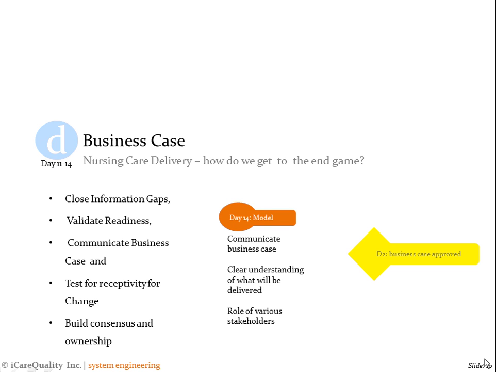As a result, we are able to communicate the business case and establish a clear understanding among all the stakeholders of the roles required from them to achieve the transition business case. The business case is formally approved at this stage, and the plan to execute is developed.